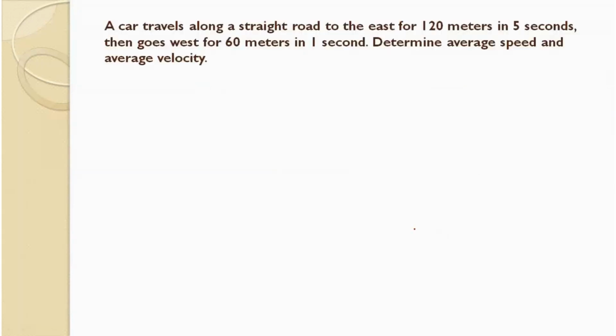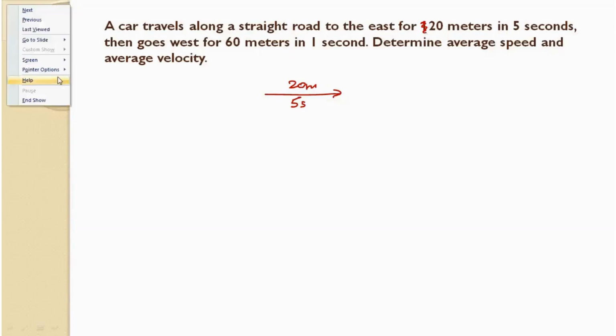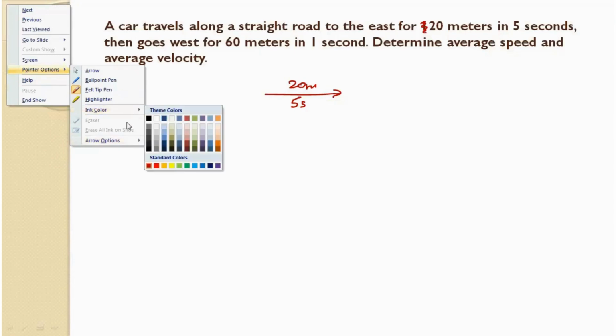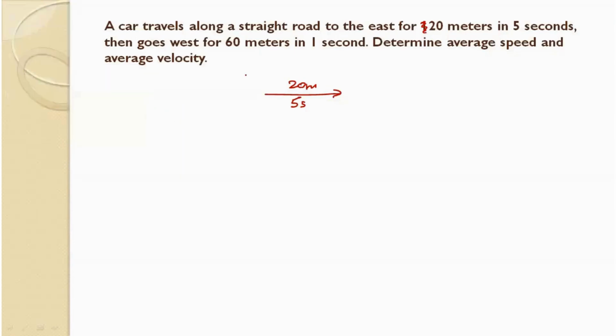Now let's solve this numerical. A car travels along a straight road in the east direction for 120 meters in 5 seconds, right?